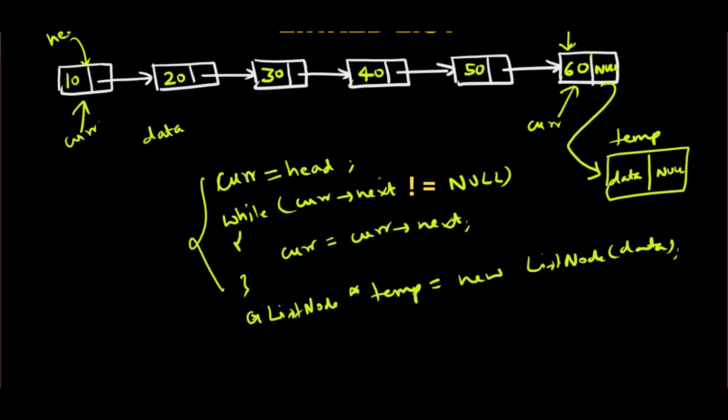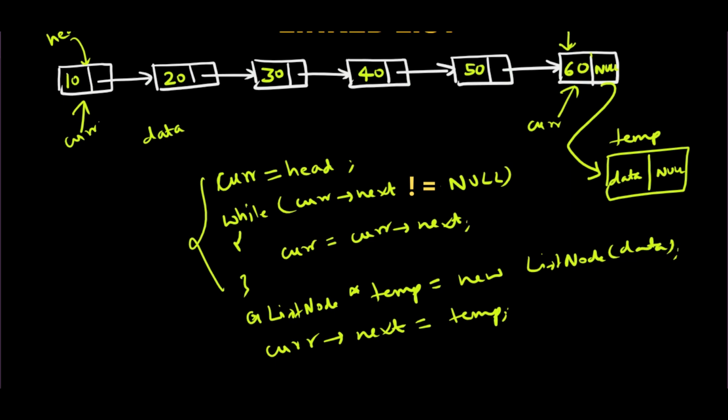So we'll create a new node, then we'll do current's next equal to this new node temp. Now our linked list is linked, and that's it all. We don't need to do anything else. We don't need to return anything because the head will not change in this case.